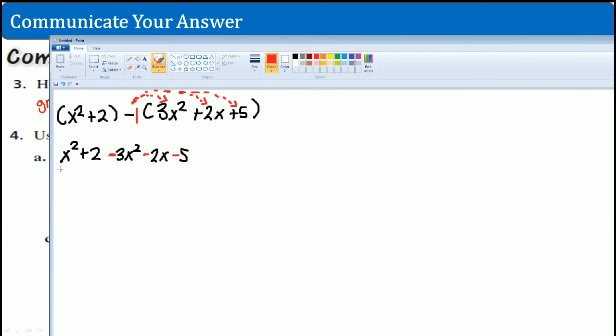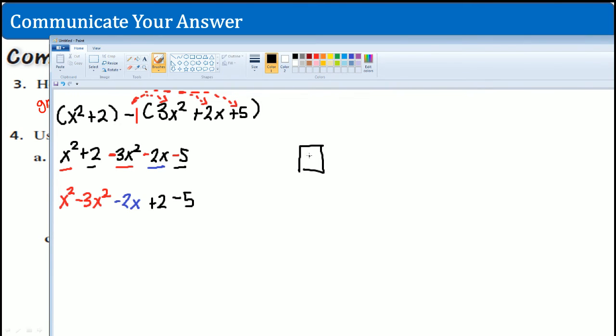So it seems like the x squared and the x squared here go together. So the x squared minus 3x squared, okay? Nothing happened here, so it's just a minus 2x. Then you had your plus 2 minus 5. What happened here is that this is like a big x squared.